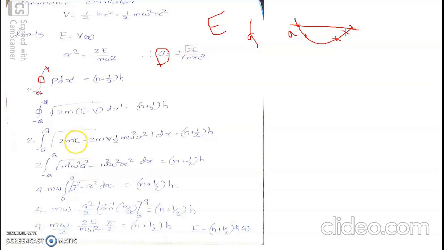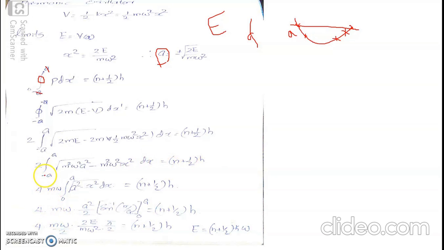So we can put E as half m omega square a square. Half vanishes, m becomes m square omega square a square, minus 2 vanishes, m square omega square x square dx equals n plus half h.